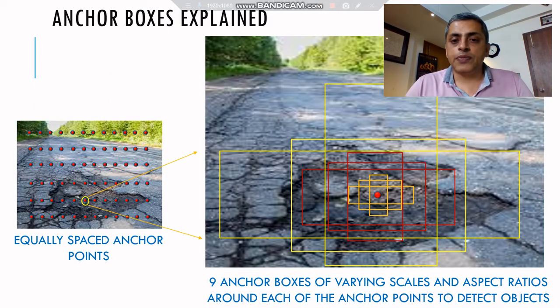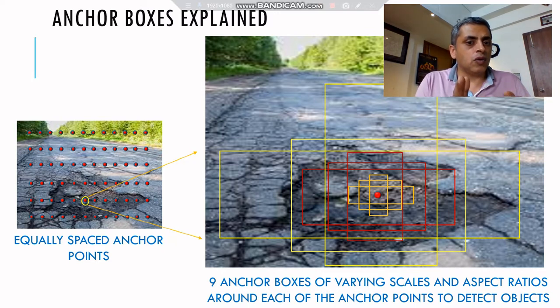The main idea behind the region proposal network was the introduction of something called anchor boxes. Before we understand what anchor boxes are, let's look at what actually happens in the feature map once the features are extracted.